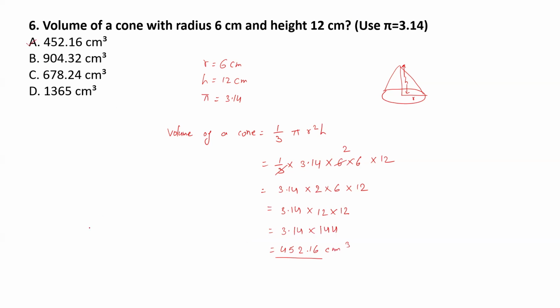By chance it is option A always because I only framed these problems. But in your exam, you cannot expect that for all the questions option A would be correct. So calculate the answer and then choose your option correctly. So that is your volume of the cone.